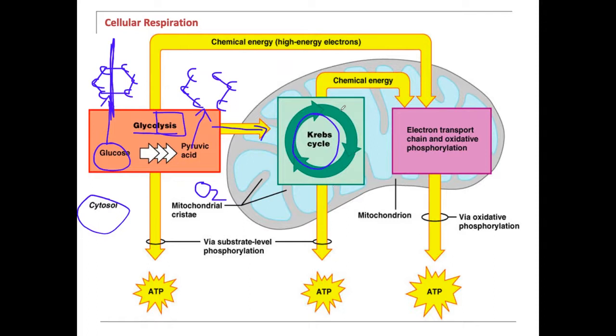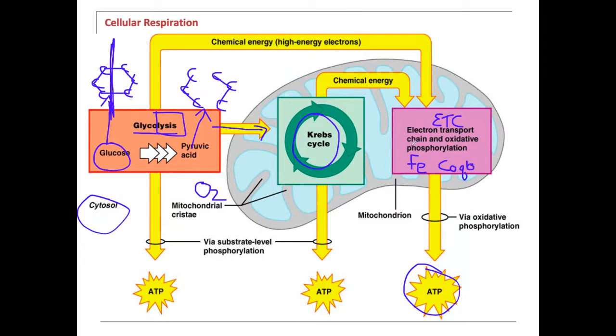But what the Krebs cycle does is that it provides the chemical energy for the electron transport chain to function, and that produces lots of ATP. The electron transport chain is dependent on iron, and it is dependent on CoQ10 to function.